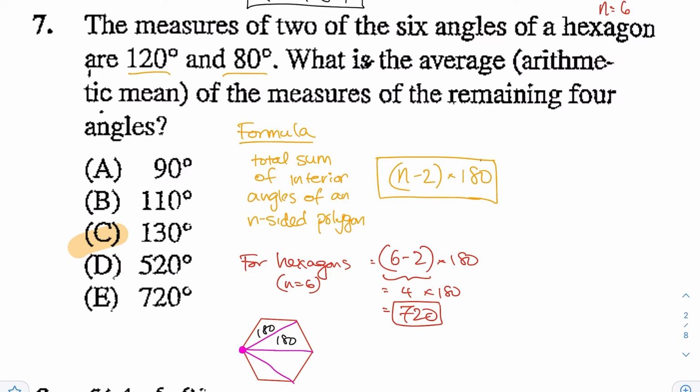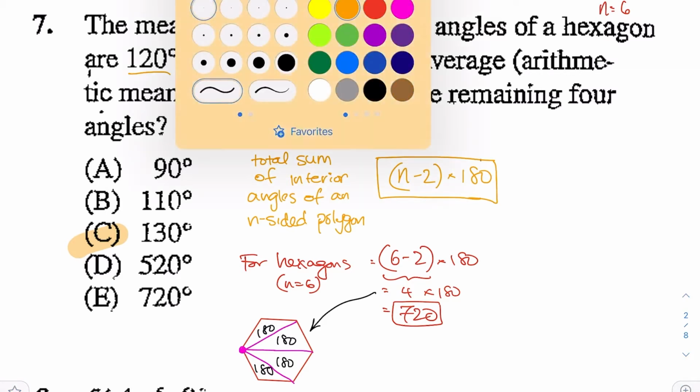And each triangle is 180 degrees. So that's really where we get that 4 times 180 from. You can actually break this hexagon into 4 triangles, and each triangle is 180. So 4 times 180 is 720. So that's the other way to do this, but the formula is really helpful, so I would definitely memorize that.